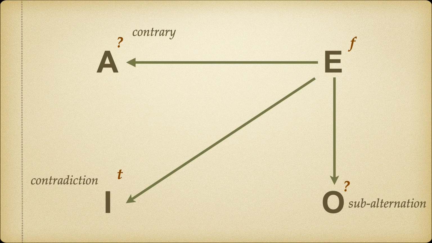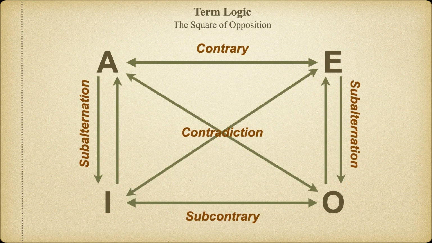So, how much of the square of opposition we can solve, or the number of immediate inferences we can make, is based on which proposition we begin with and what kind of truth value assignment we give it. In this brief video, we've learned about the square of opposition, which is defined by the four logical relationships that exist between our categorical propositions.